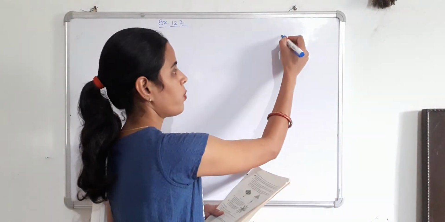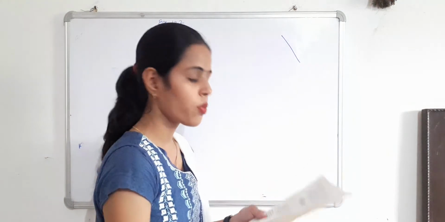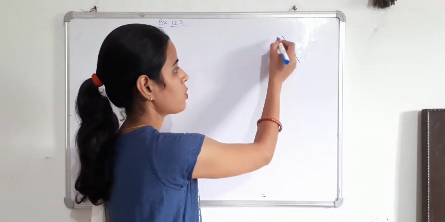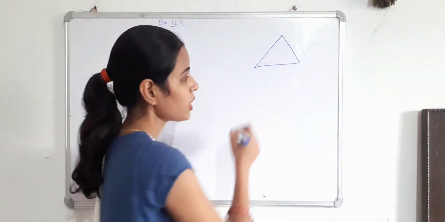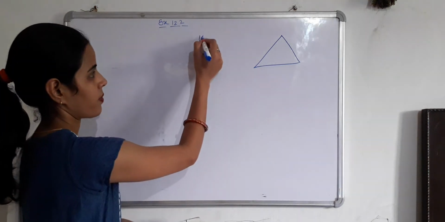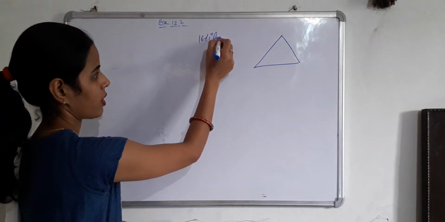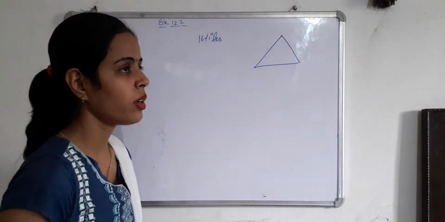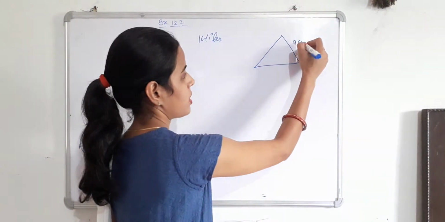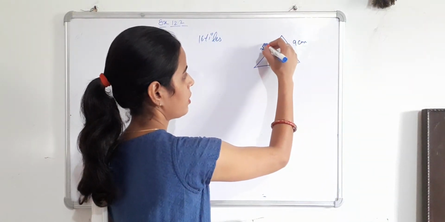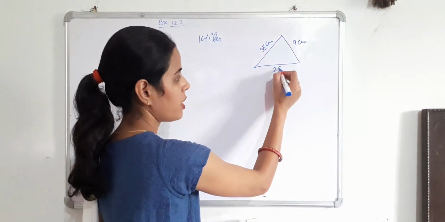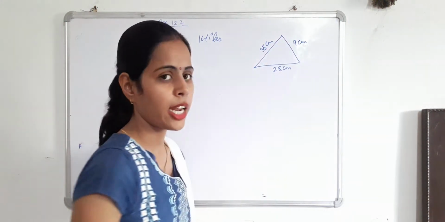Find the cost of polishing the tiles at the rate of rupees 50 per meter square. There are 16 tiles which are in the shape of a triangle. Sides are 9 centimeter, 35 centimeter and 28 centimeter.